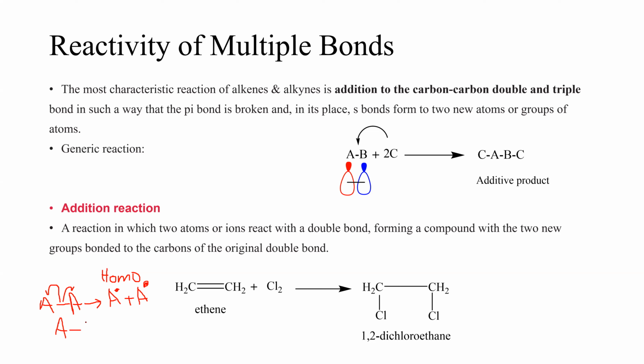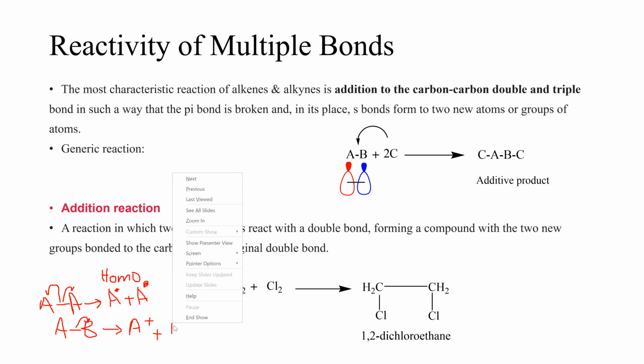And if it happens in a way that there is A, and let's say this is B, and the bond cleaves so that B takes the whole of the electron pair, leaving A as positive, because now it is deficient in electrons, plus B as negative, right?